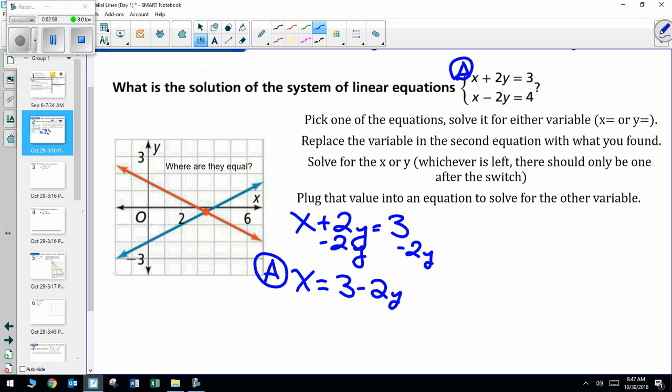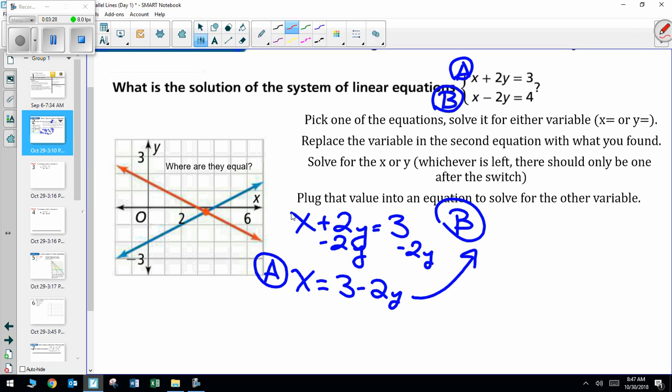I can plug it in to equation B for x. So if x is 3 minus 2y, then I can use 3 minus 2y in place of any x I see. So using my second equation, I'm going to plug this in for x.